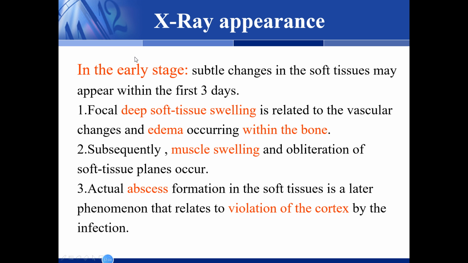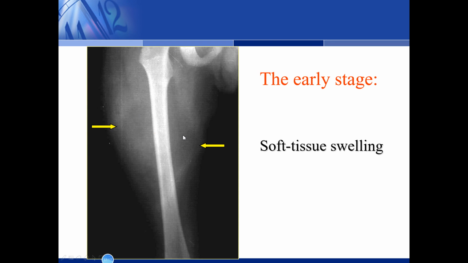Here is the early stage of osteomyelitis. We will see in the films that in the early stage we could find soft tissue swelling, but in the bone we could not find any lesions.